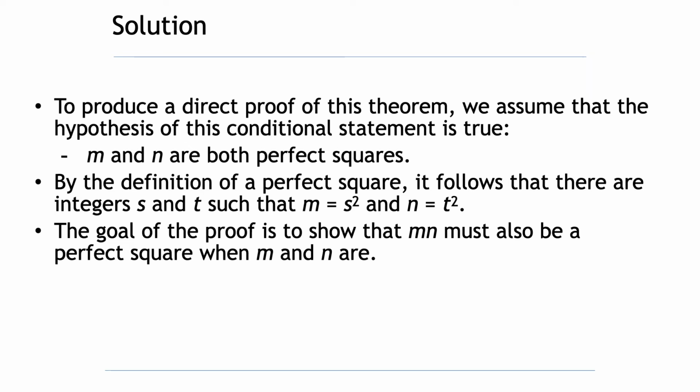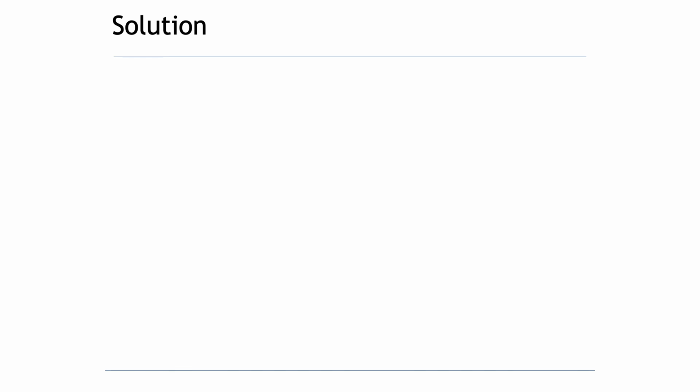That's why it is important to have our definitions in place, because we usually have to use them to make the proof of a theorem. The goal of the proof is to show that m times n must also be a perfect square when m and n are. So let's see our solution.